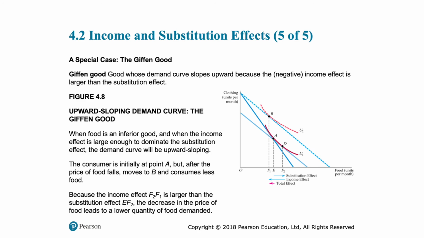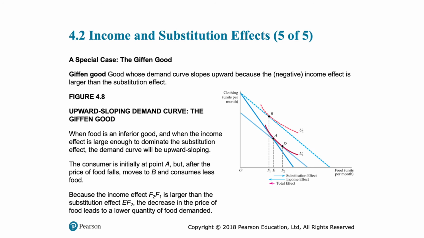Originally this is at point A, right? And the price of good one decreases, then like this. Then what happens? The new solution is B. So movement A to B is composed of two effects. When the price of good one decreases, you draw a new imaginary straight line, holding the slope the same as the new one, then point D. So movement A to D is the substitution effect, right?